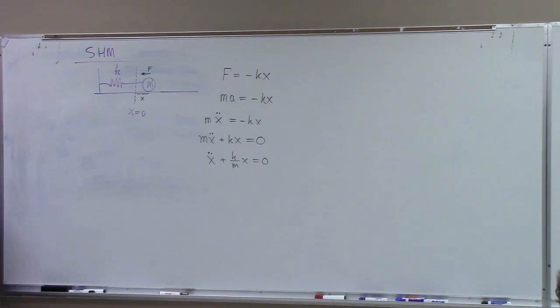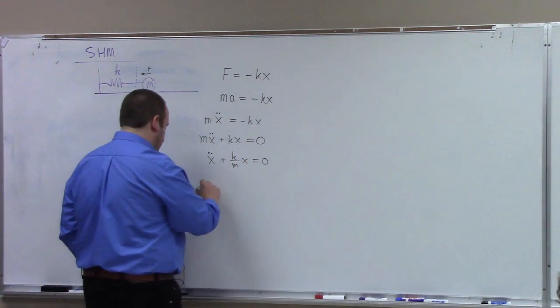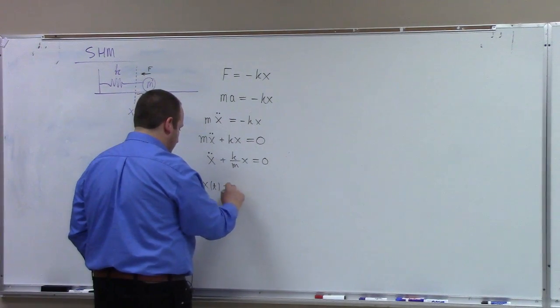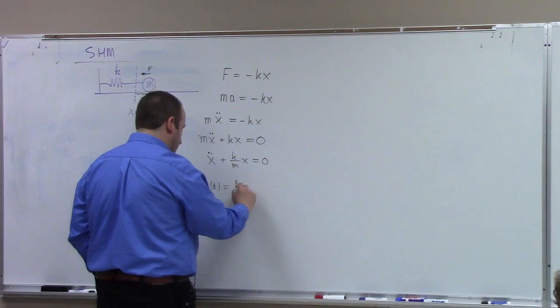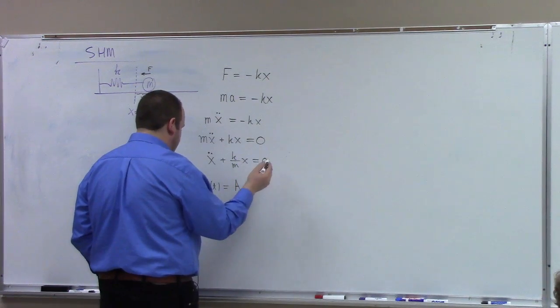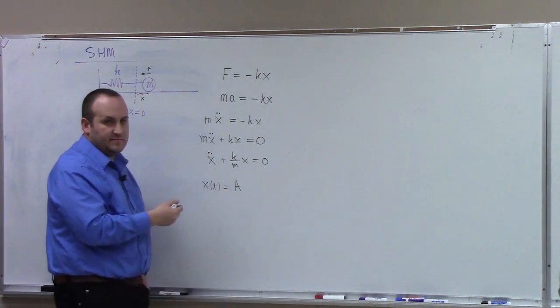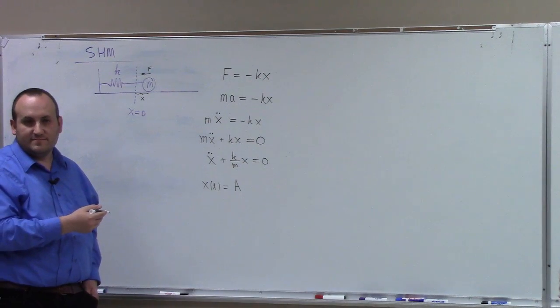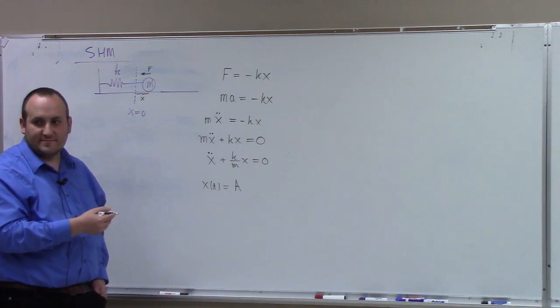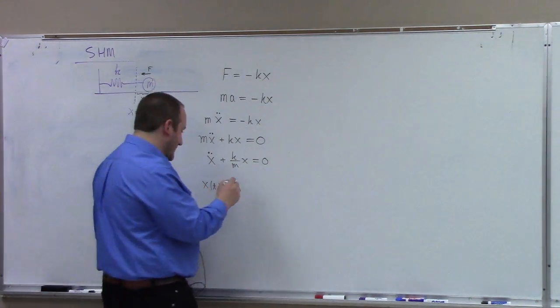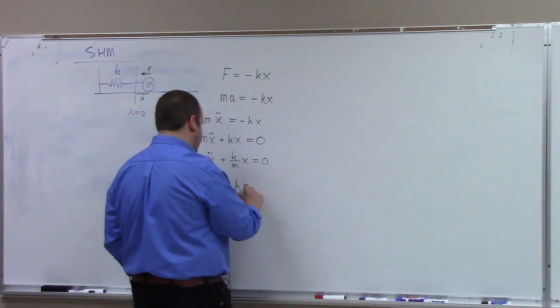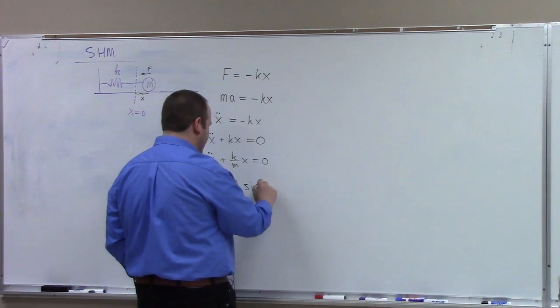The solution to this differential equation is x of t equal to some constant A, sine, cosine, what do you want? You pick it. I'm going with cosine. No, I want sine. Fine, sine, it doesn't matter.